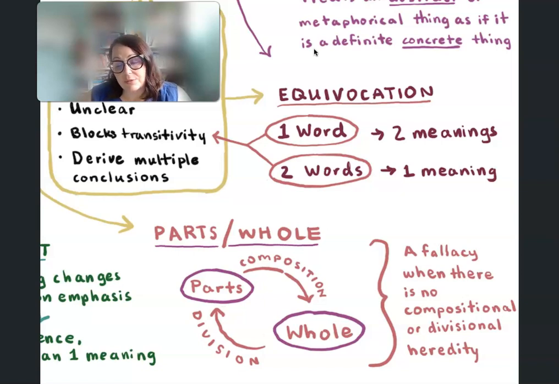And I think it's really important to get this really clear before we start talking about generalizations, because composition and division, I think, are harder to spot. And if you spot them and you describe them, then it makes better sense what's wrong with them when you're pointing them out.